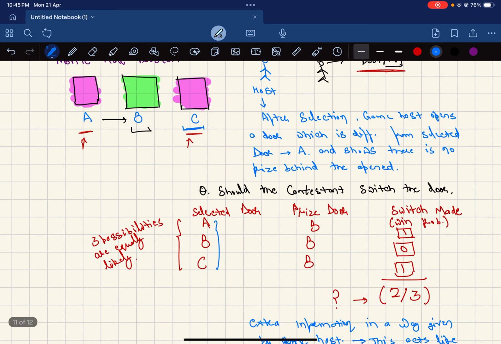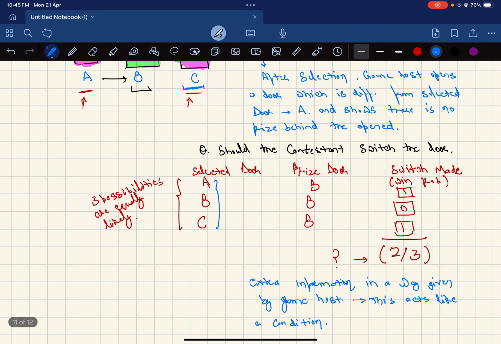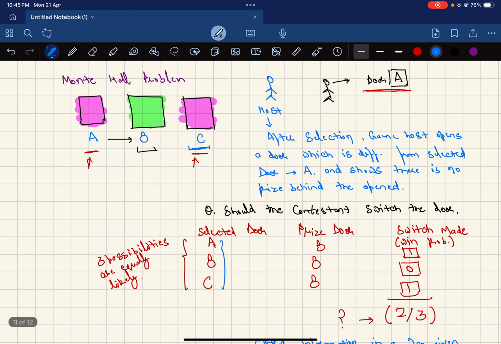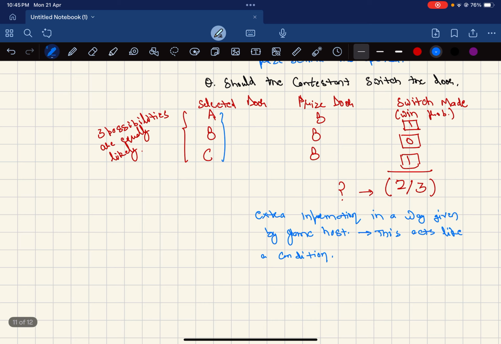So this is how the Monty Hall problem works, and there could be many variations to this problem, but we have looked at the very basic case here, and the answer is we should always switch whenever the game host asks us, because we have a 2/3 probability of winning the prize.